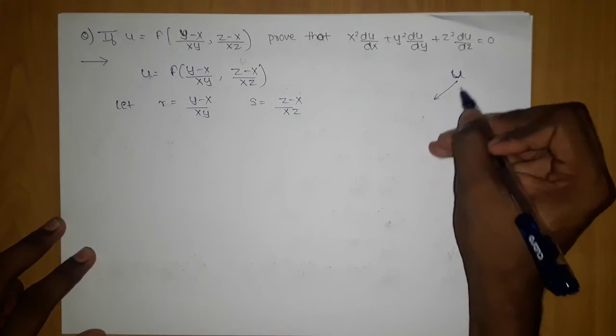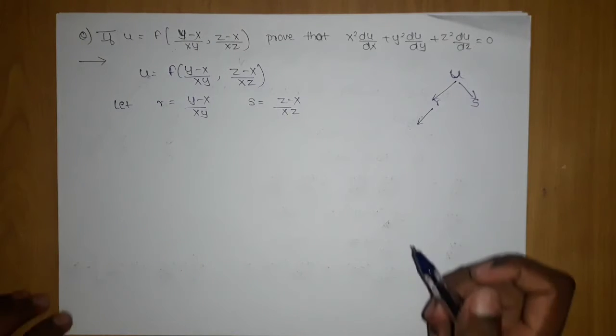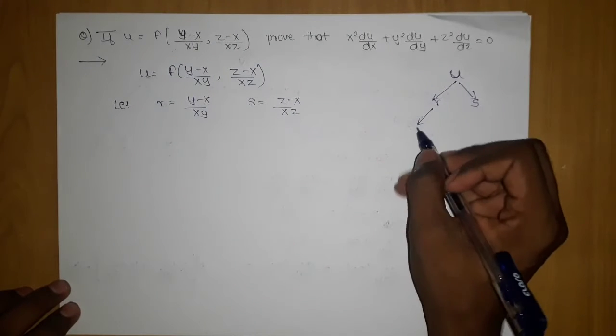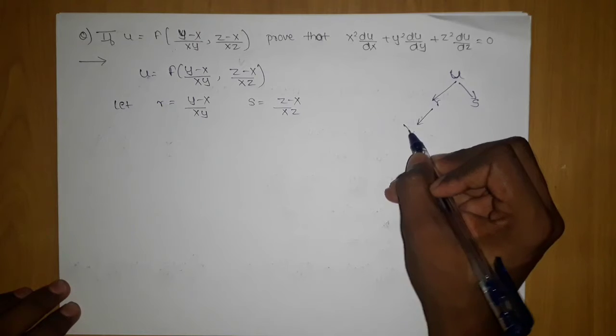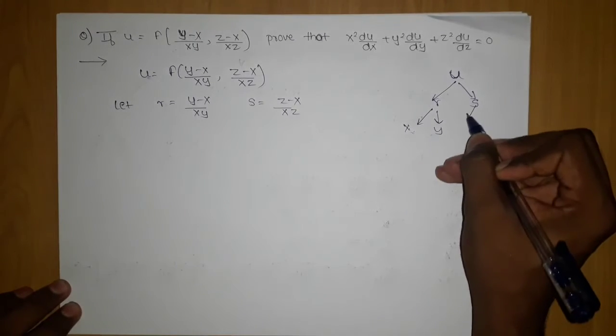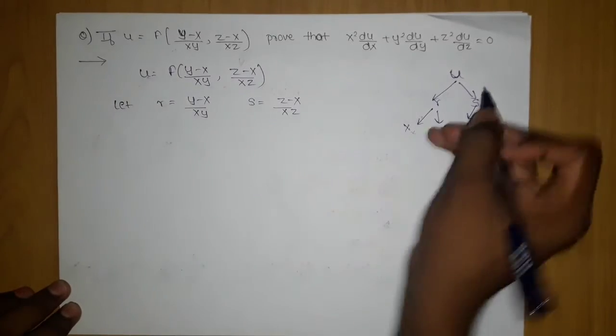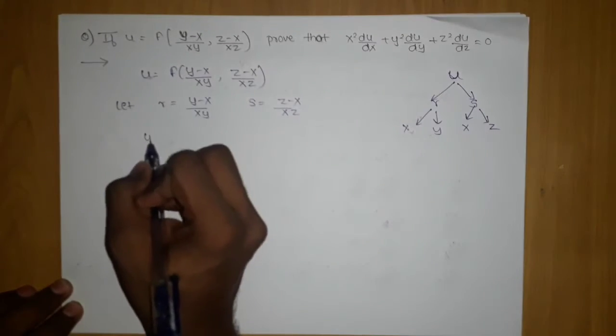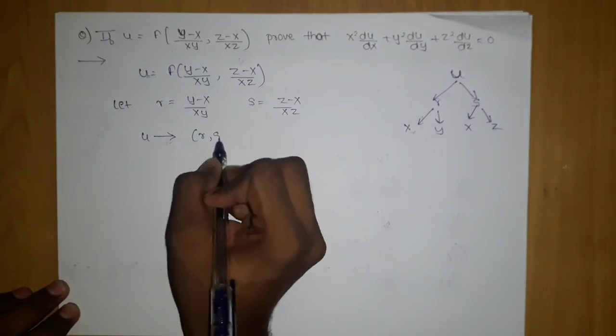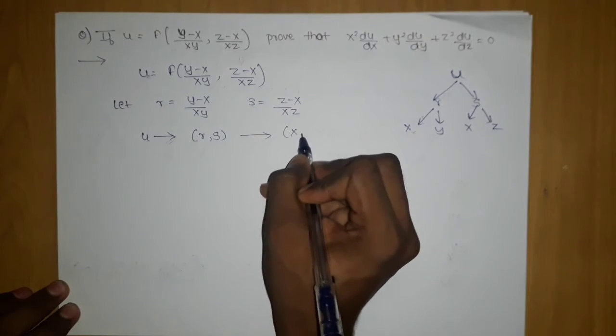Now you can complete the chart. r is a function of x and y, and s is a function of x and z, right? So you have to show this chart in this pattern, r comma s, and the other is x comma y comma z.